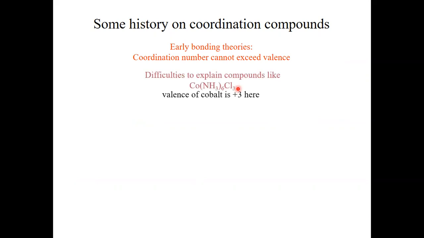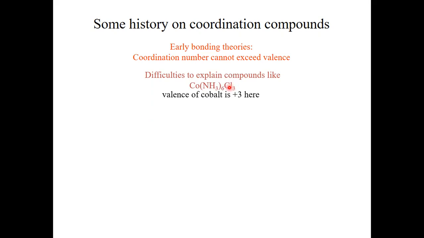So, for instance, it was difficult to explain a compound like, as we call it today, hexaamminecobalt chloride. We have 1 cobalt, which is in the oxidation state +3 and has the valence 3, but we have 6 ammine units and we have 3 chloro units.